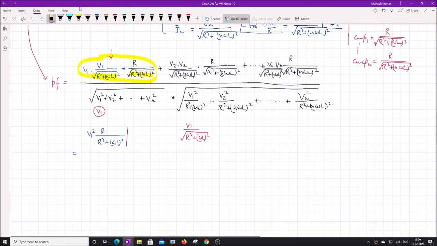Okay, and then we will add here its components. So it becomes 1 plus, because this whole thing is common, and here is V2 square by V1 square, because this is the ratio of squares.